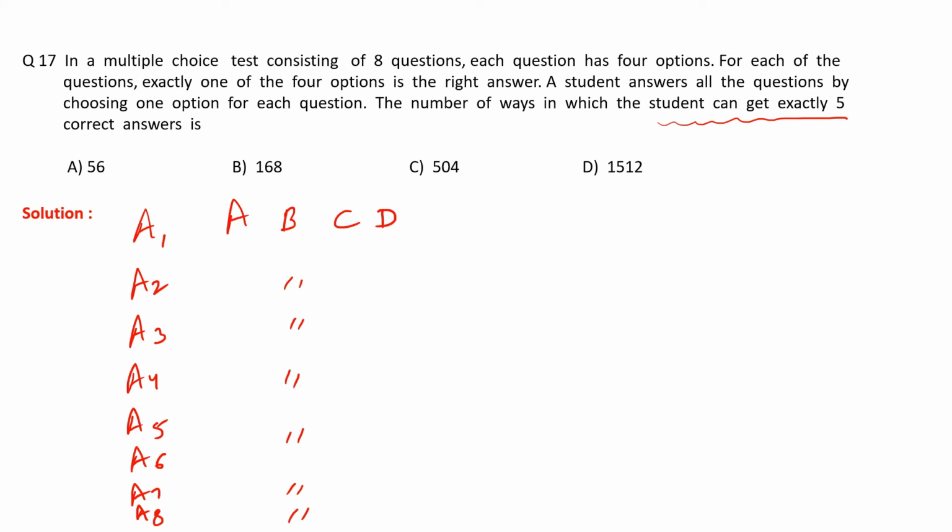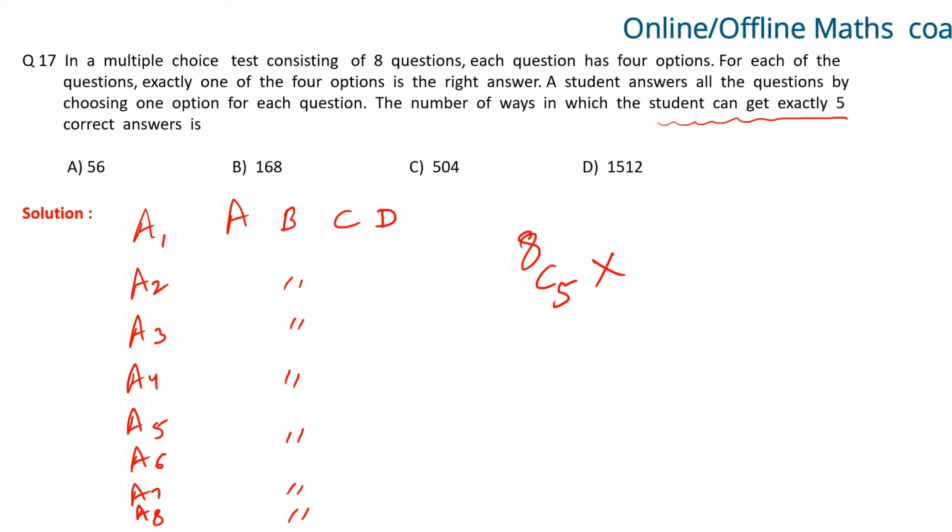So the total number of ways in which this can be done is, first of all, selecting 5 questions that he has to mark correctly out of the 8 given questions, right? And he can answer them in only one possible way because there is only one option correct. Fine.